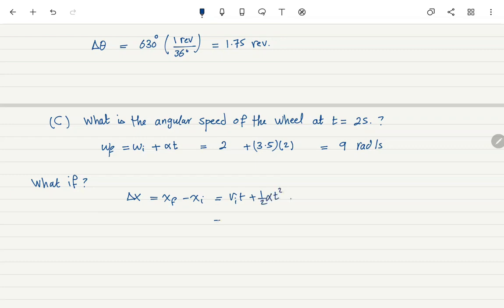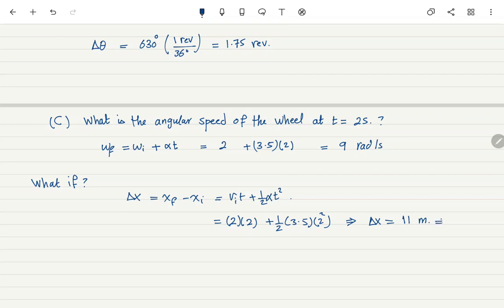In numbers, and remember, same numbers, but instead of using rotational we use translational numbers, so 2 times 2 plus half 3.5 times 2 square, and the displacement delta x will be equal to 11 meters.